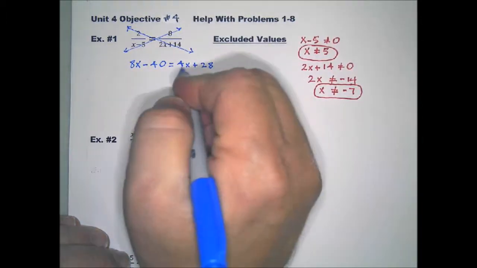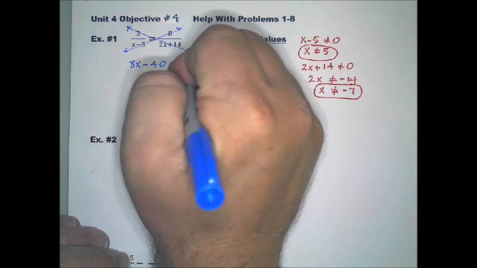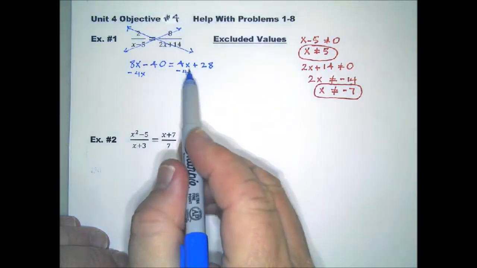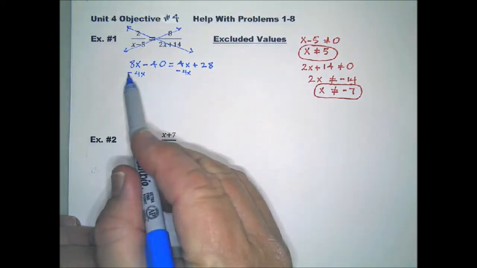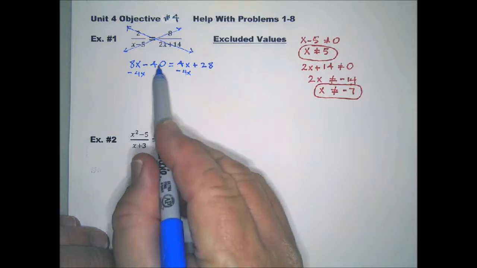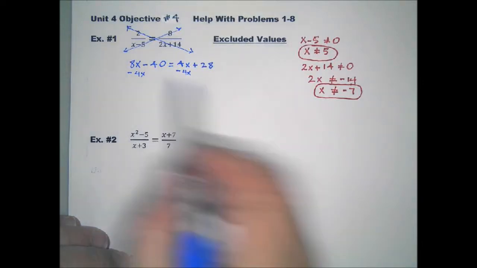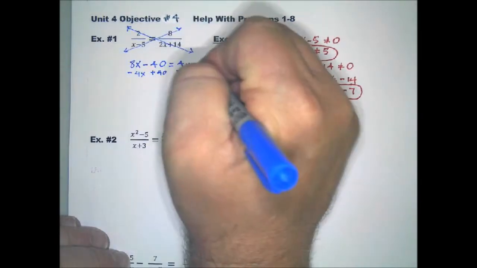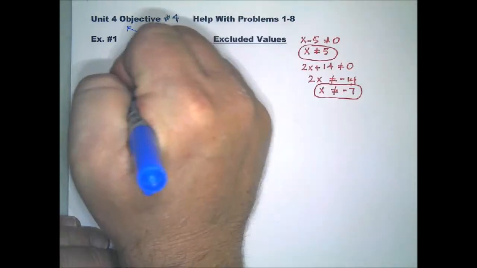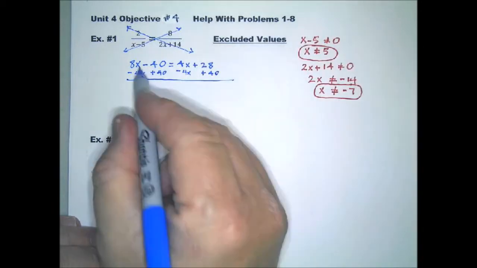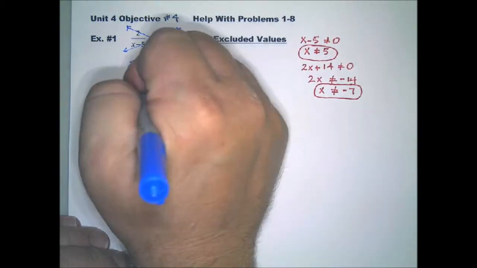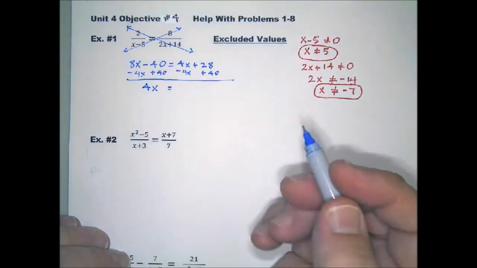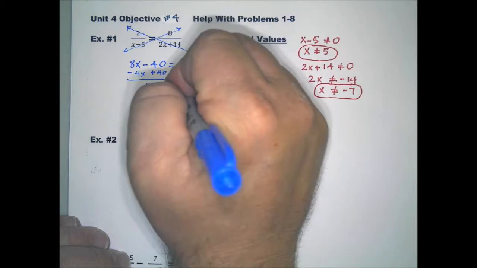I'm going to bring the 4x's this way, subtract 4x, subtract 4x. And since I brought the x's that way, that means I need to take the constant the other way. So now I'm going to add 40, and my new equation is 8x minus 4x, which is 4x, equals 28 plus 40, which is 68.